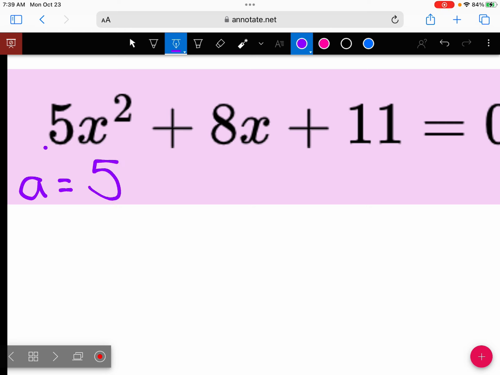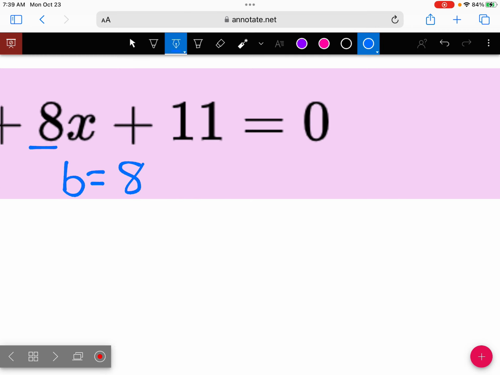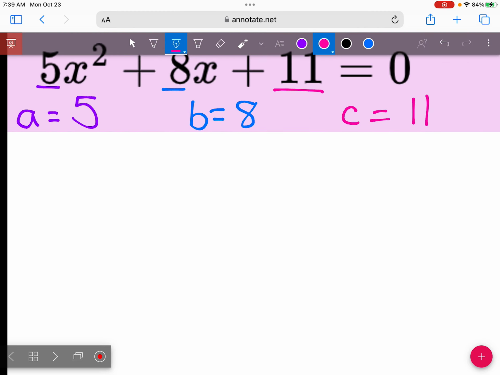It's the number in front of my x squared every single time. What is my B? 8. And what is my C? 11. Start with identifying A, B, and C. Then I'm going to substitute absolutely everything into our formula. It's up there in the top right of the screen.